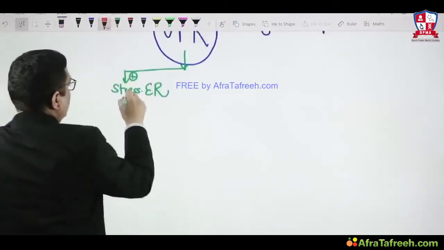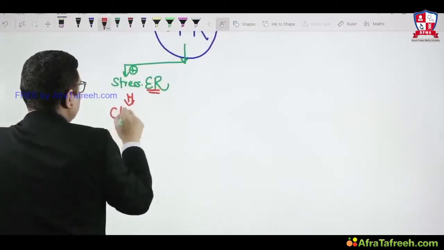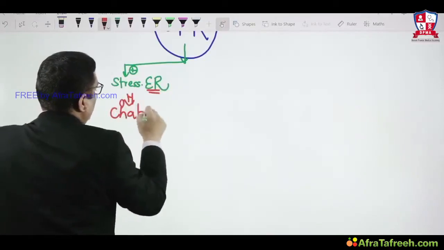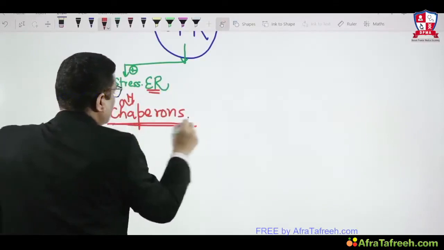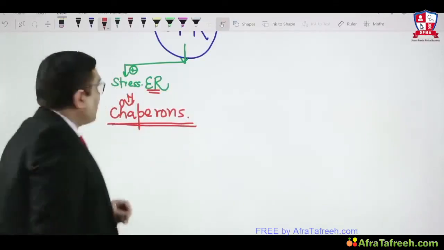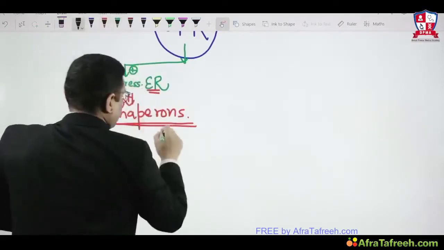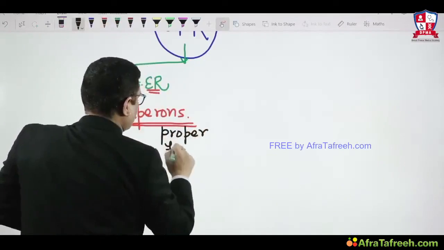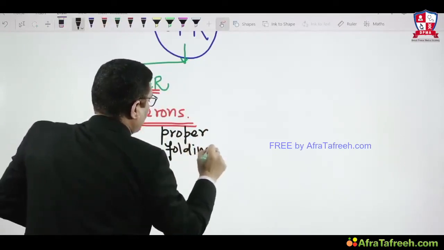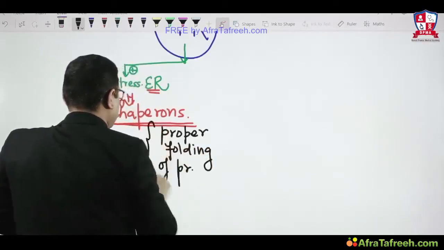That is very important to understand. Chaperones are the proteins which are required for proper folding. That was the All India question in 2017 and 18. They cause proper folding of proteins. So that is the function of chaperone.